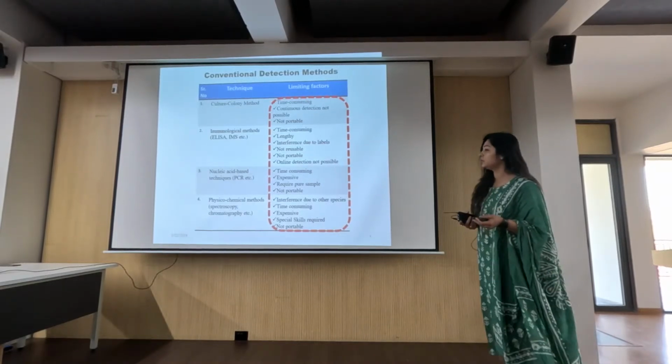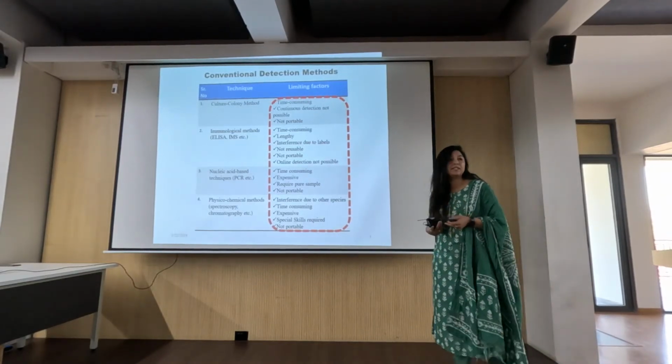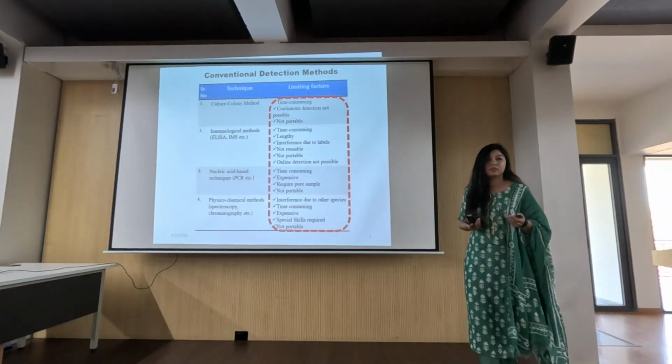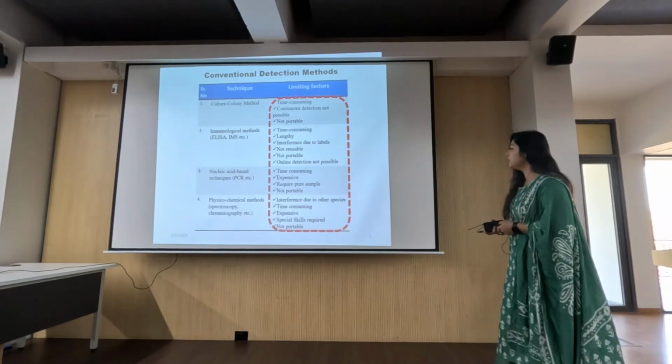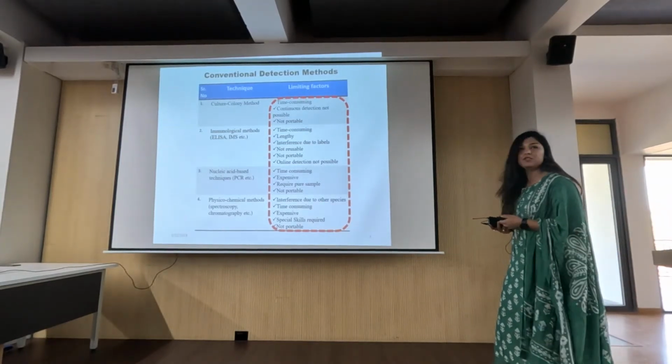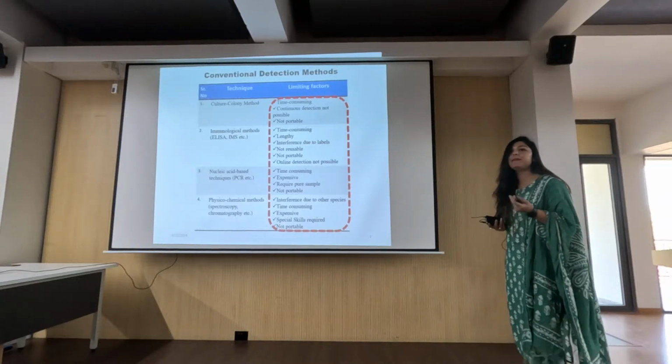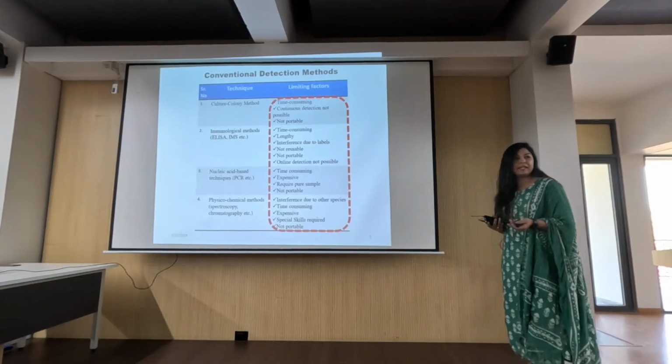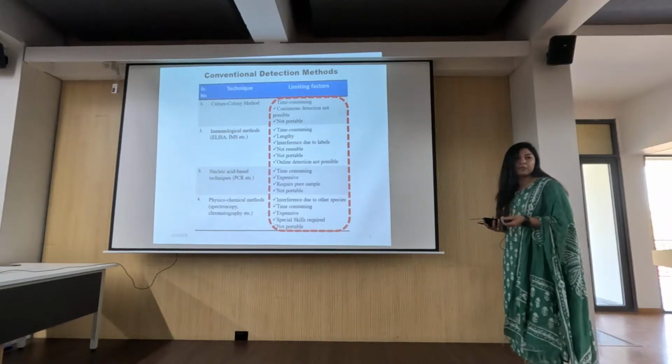Now the fourth technique, the physicochemical methods, say spectroscopy or chromatography. Here interference due to other species may occur, it is time consuming, it may be expensive or require technical experts, and it is not portable at all, as we know.